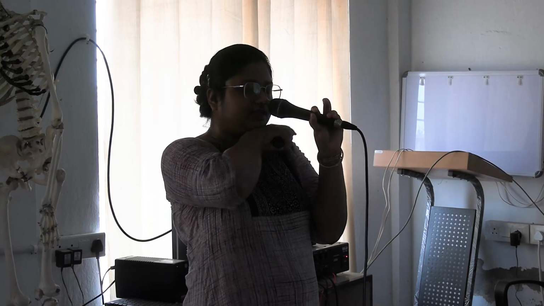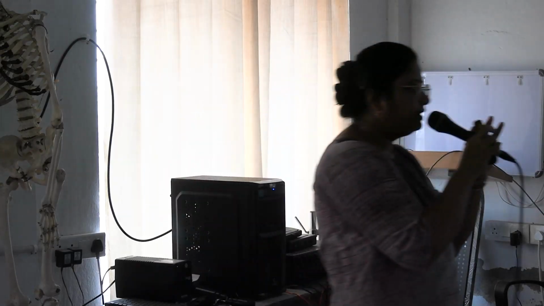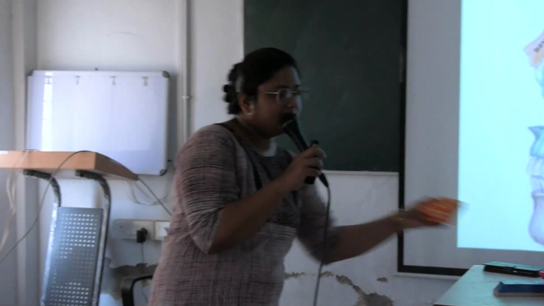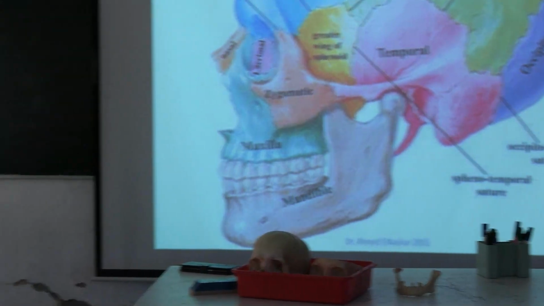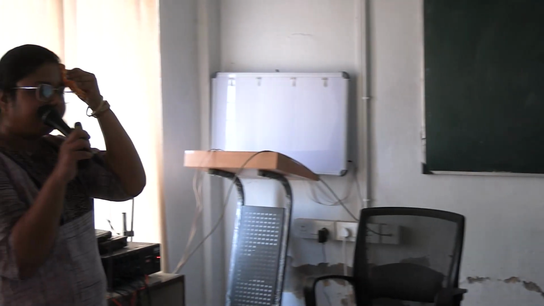This opening is known as external acoustic meatus. This is the external ear opening, and in front of this opening is the mandibular fossa of the temporal bone, where the head of the mandible is articulating, forming the temporomandibular joint.